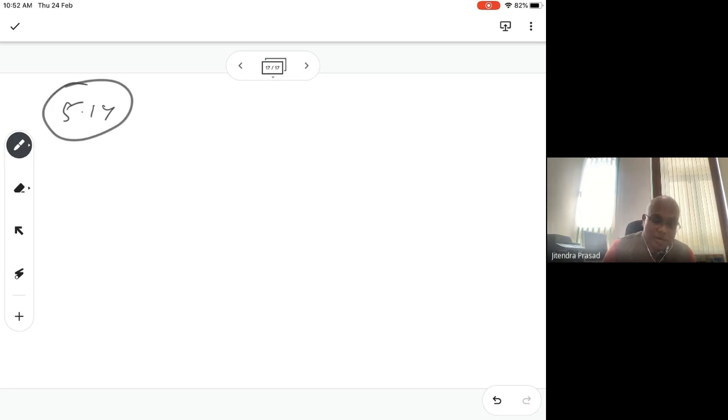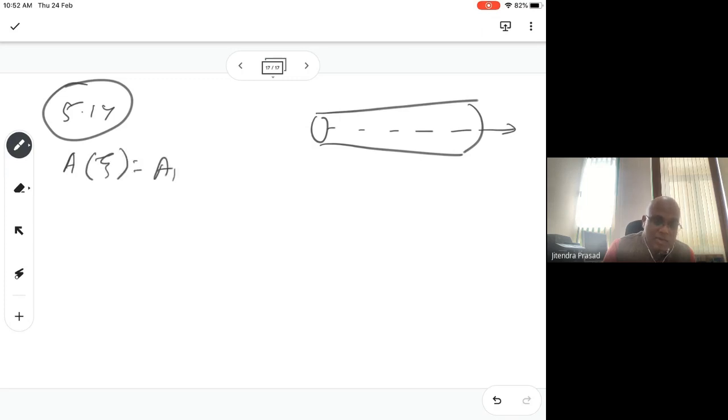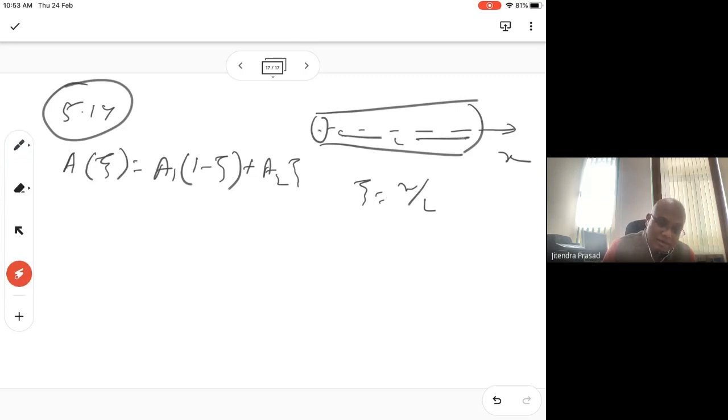What it tells you is a tapered rod, which is something like this, and it says that A(xi) is given as A1(1 minus xi) plus A2 xi, where xi is equal to x over L. So this is x, this one is L here, and besides the x coordinate system, we have the xi coordinate system.